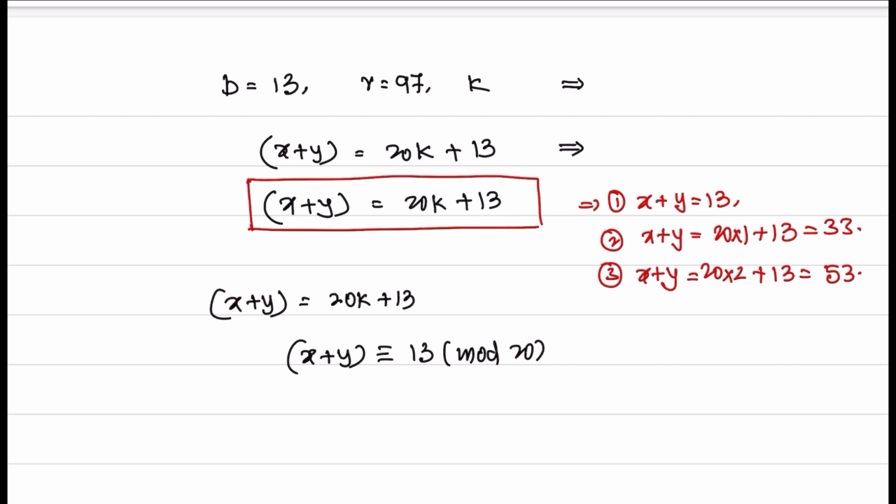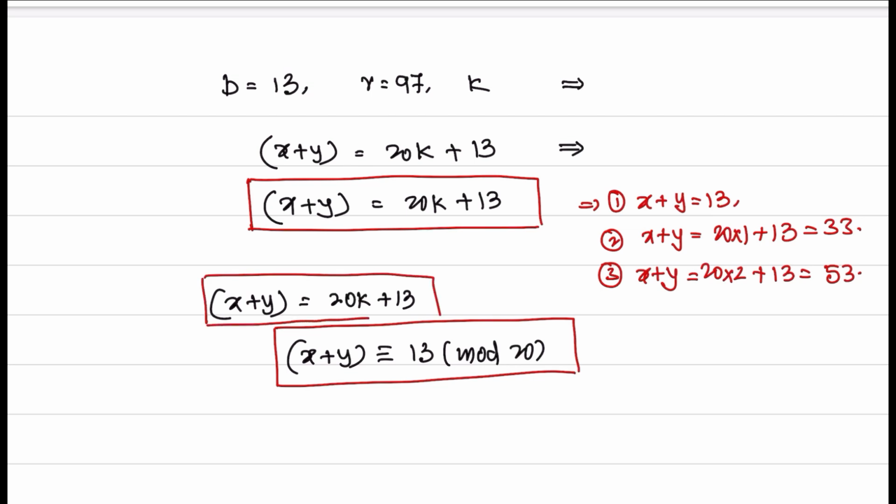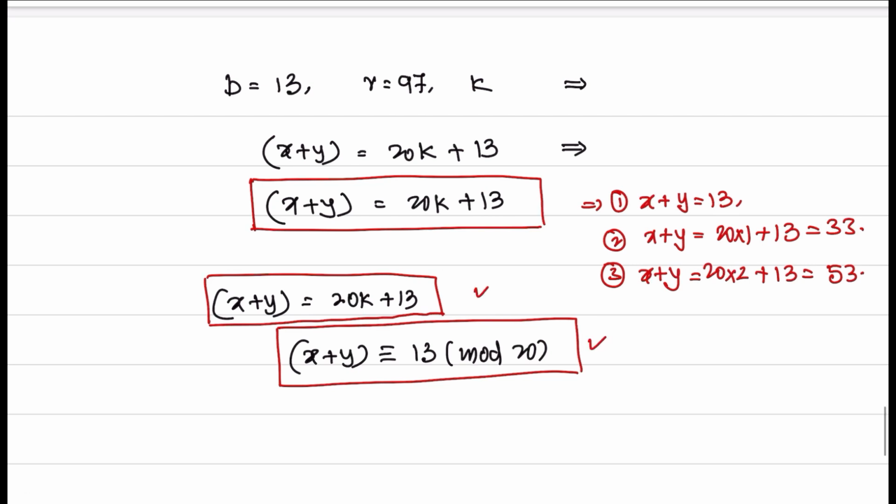The final answer is this. Either x plus y is equal to 20k plus 13, or x plus y is equivalent to 13 mod 20. Both are the same, both are correct.